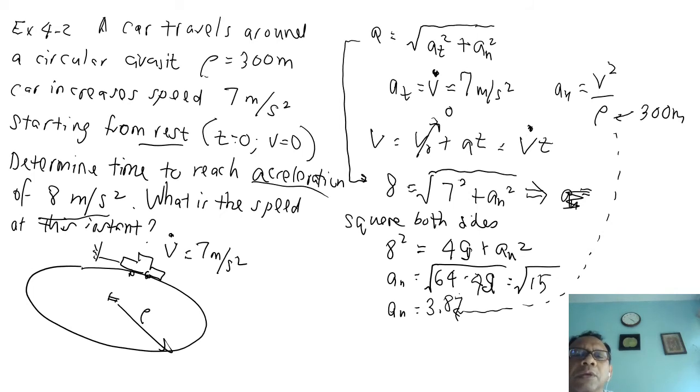Then we can find the velocity, what is the speed at this particular instant. That is v square equals an times rho, 3.87 times 300, and then find the square root of that. 1161.